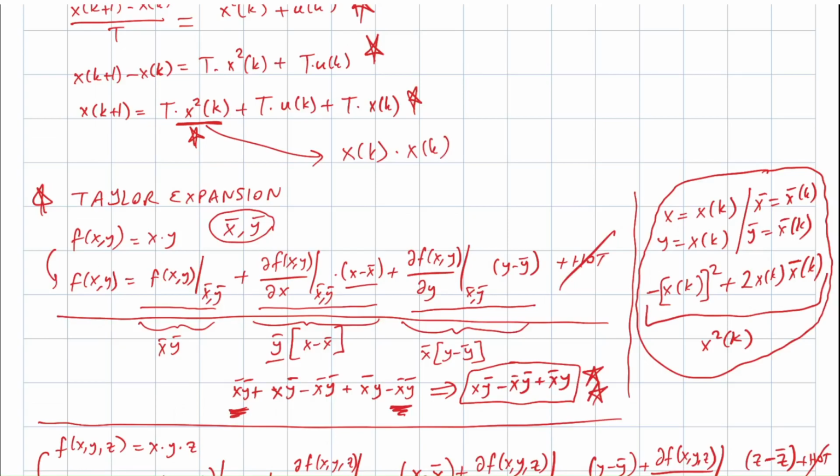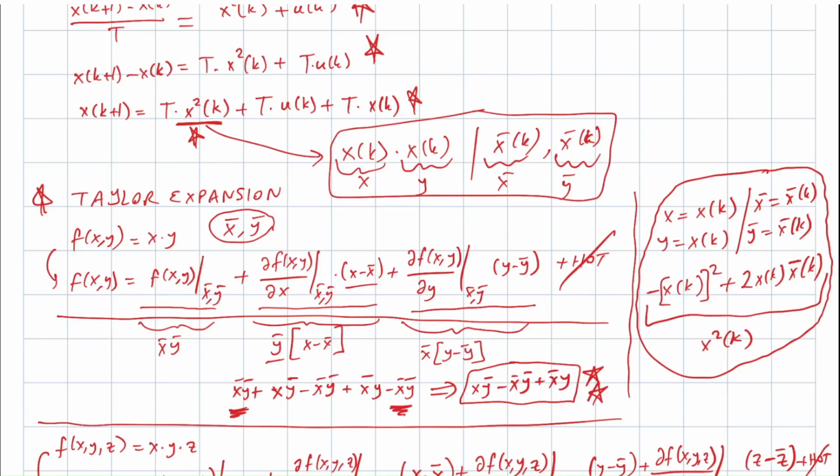Let's consider x of k as x for this problem, and let's consider this as y, and call x bar of k simply x bar, and y bar. If we employ this renaming, we get basically this.